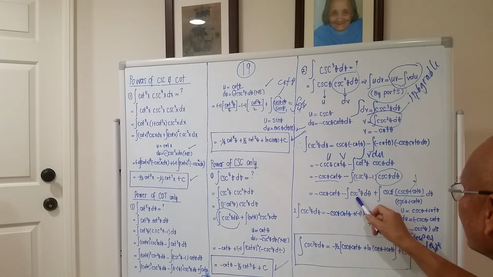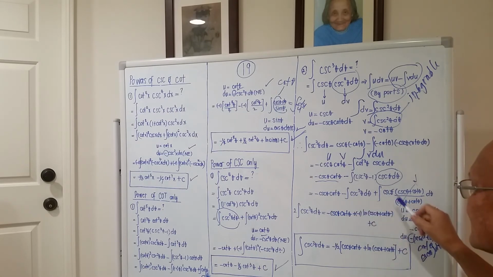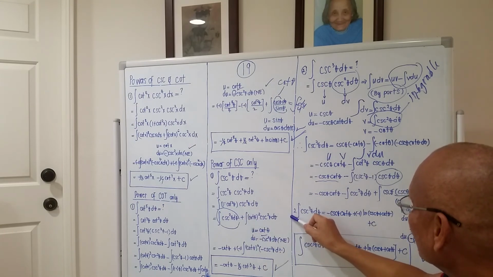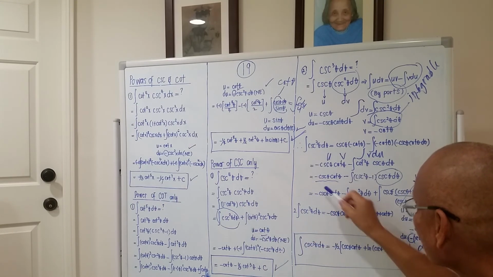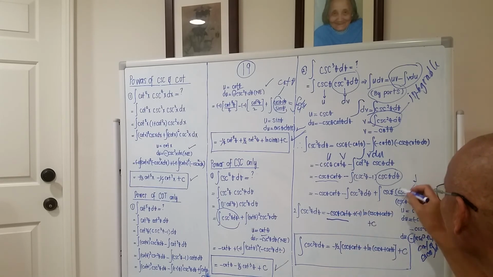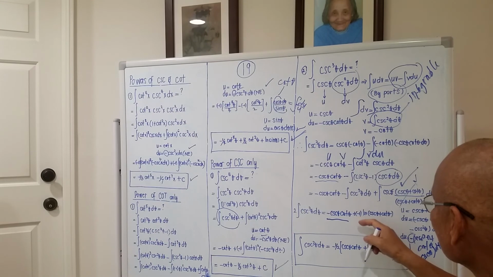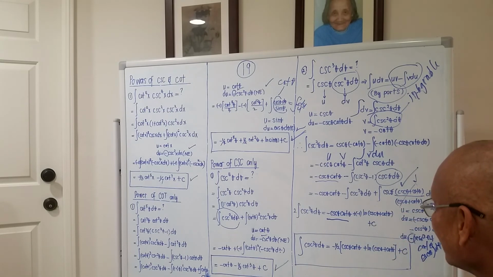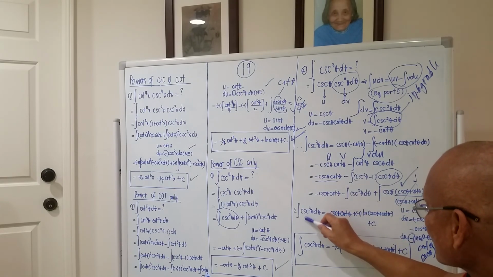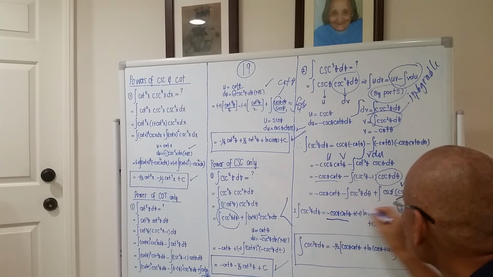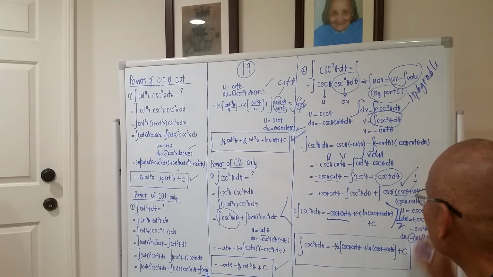Okay. But this is cosecant cube of theta, differential theta, right? We place that on the left, so it will now be 2 times the integral of cosecant cube of theta, differential theta. The integral of this is plus negative 1 times the natural logarithm of cosecant of theta plus cotangent of theta, plus c. But the problem is only asking for cosecant cube of theta, differential theta. So we will multiply all of this by 1/2.